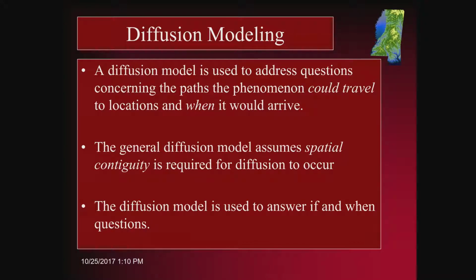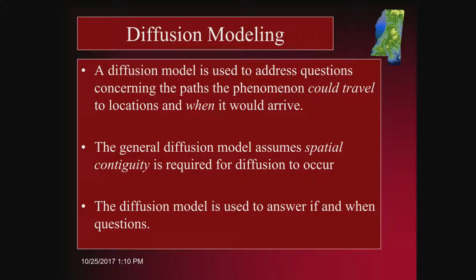So a diffusion model is used to address questions concerning the paths the phenomenon could travel to locations and when it would arrive. So another thing that is assumed with a diffusion model is that we assume spatial contiguity is required for diffusion to occur. So this type of thing models phenomena that spread through spatial contact, like the way plants grow.